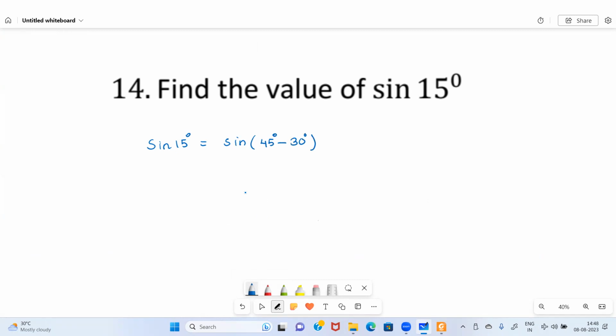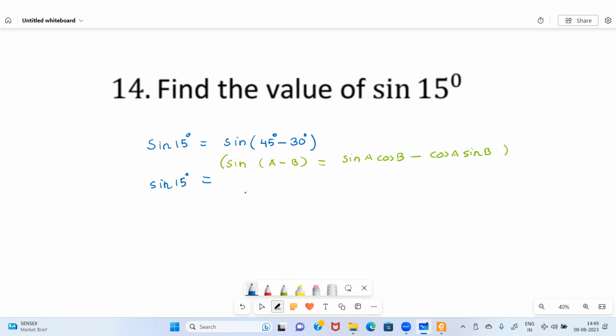Or you could also write it as sine 60 minus 45. And then use the formula sine of A minus B or x minus y. What is sine of x minus y? Sine x cos y, or sine A cos B minus cos A sine B. Clear, students?